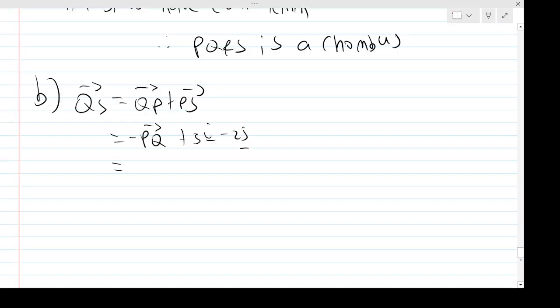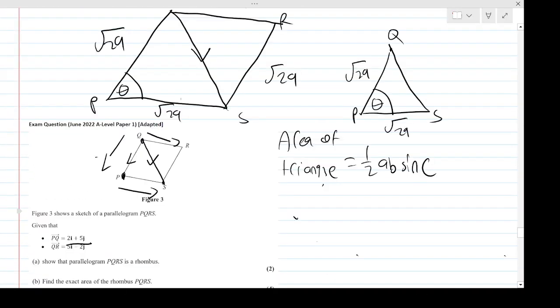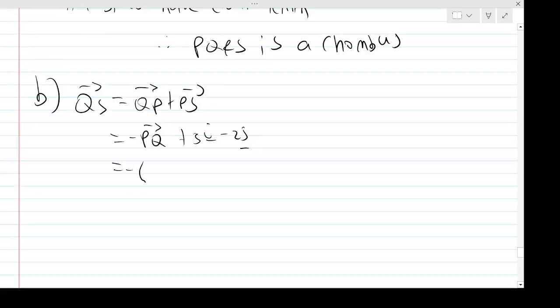Then the negative of PQ, so PQ is 2i add 5j, so negative lots of that, plus 5i minus 2j. Well, if we add the i's and j's, minus 2i add 5i will be plus 3i, and minus 5j minus 2j will be minus 7j.